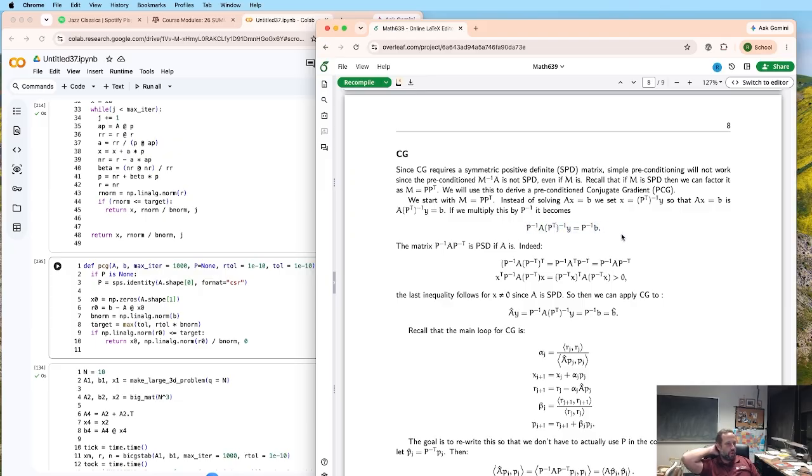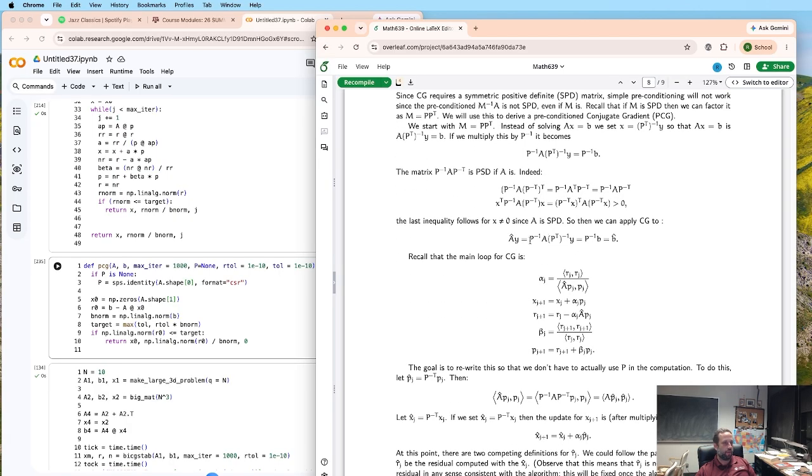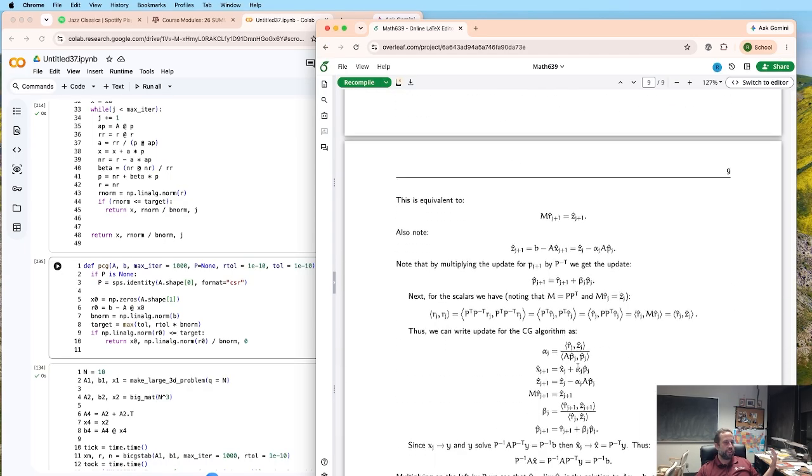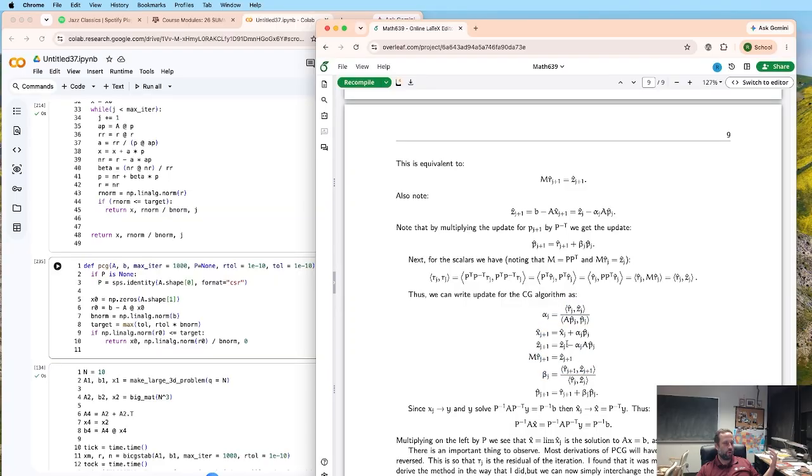Okay, and so what we do then to derive the preconditioned conjugate gradient algorithm is we just apply conjugate gradient to this system right here. If we apply it and then make some changes like p hat j is equal to p inverse transpose pj and similar such replacements, we eventually get an algorithm like this, or this would be the update of the algorithm.